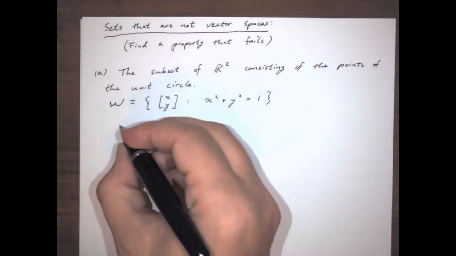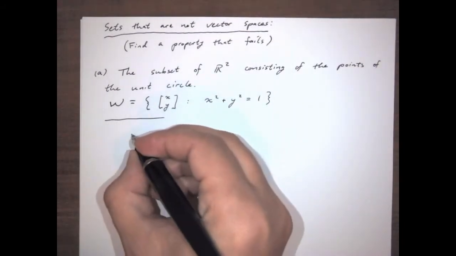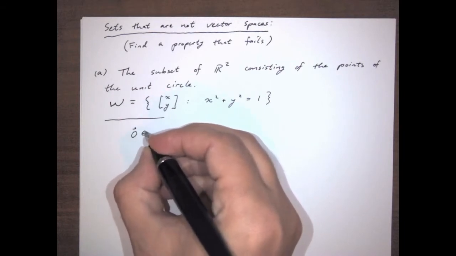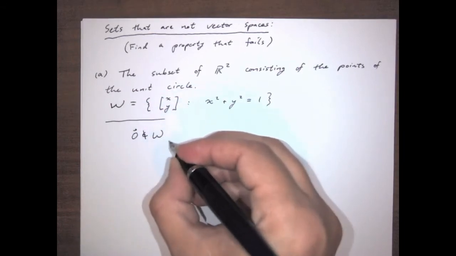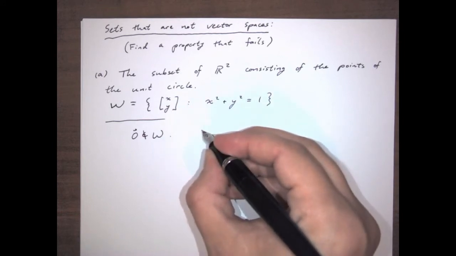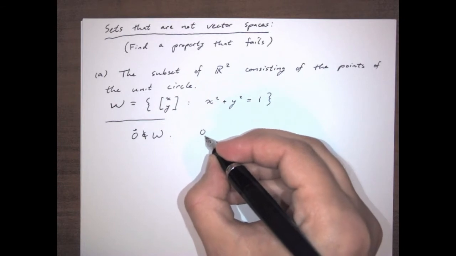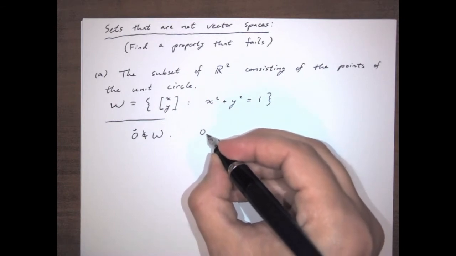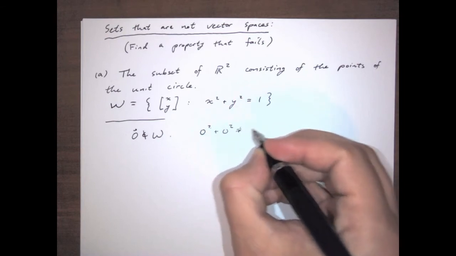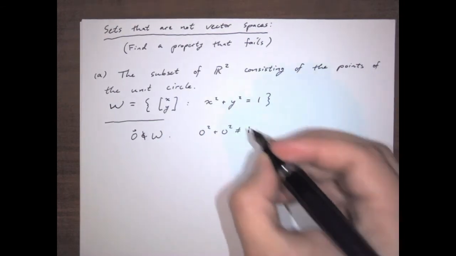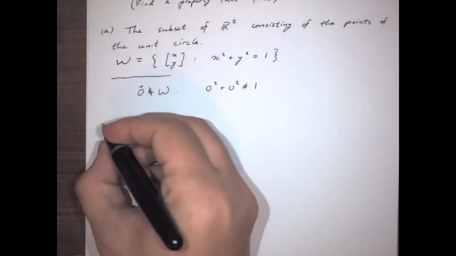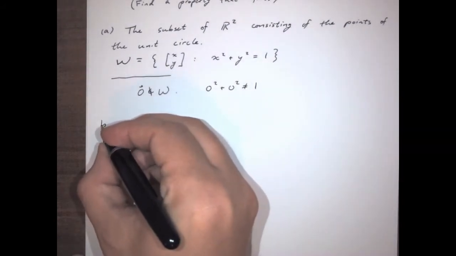So for one thing, 0 is not in W. How do I know that? Because 0 is an element of R2, but 0 squared plus 0 squared is most certainly not equal to 1. So it fails the condition to be in the set. Okay, so this one is not.